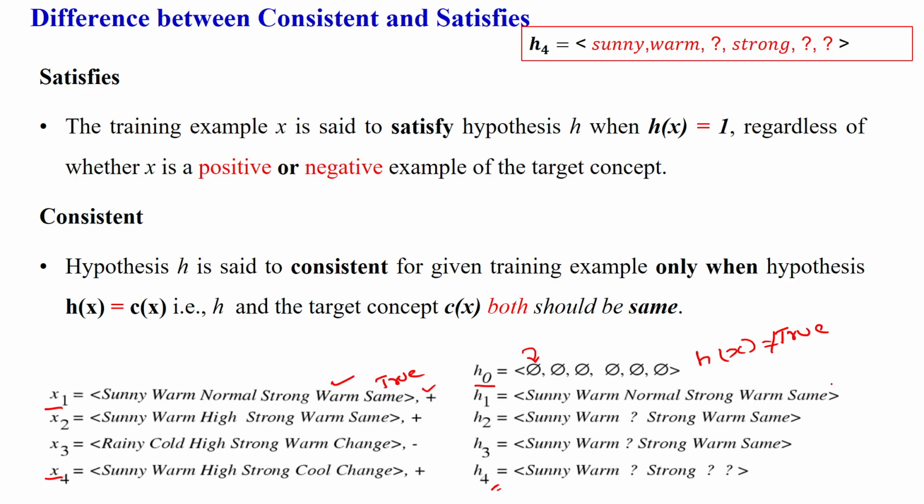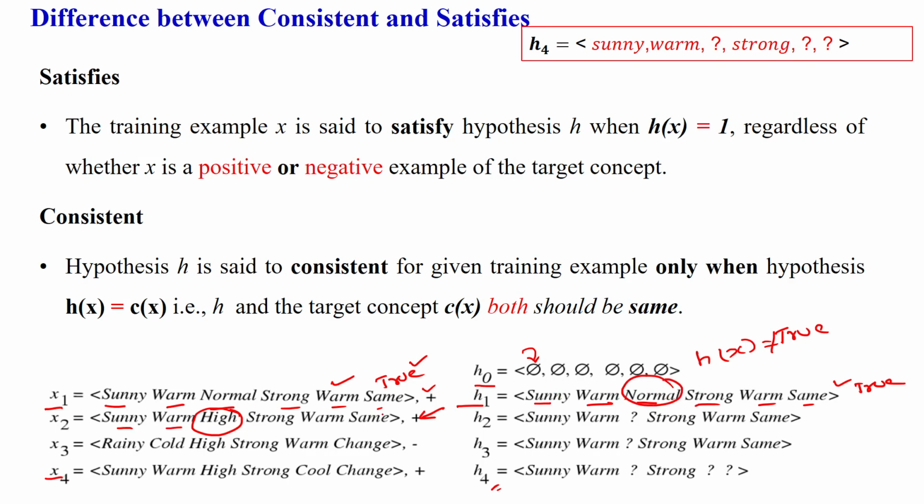But when you take h1, h1 is satisfying: sunny, here also sunny; warm, here also warm; normal, here also normal; strong, warm, all are giving the same value, so h1 of x1 will also be true. But when you take the same hypothesis on sample number 2, here sunny, warm, here high, but here it is normal.